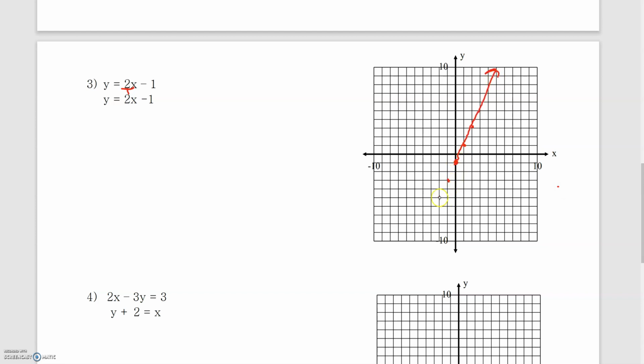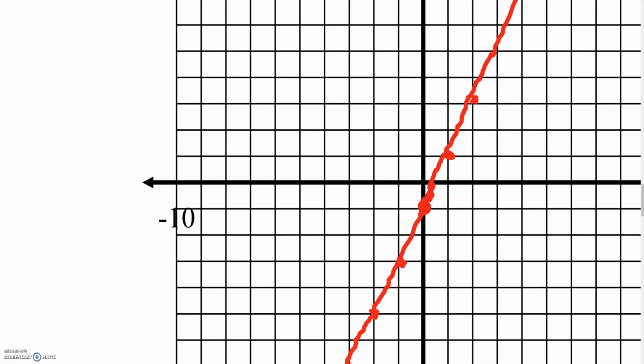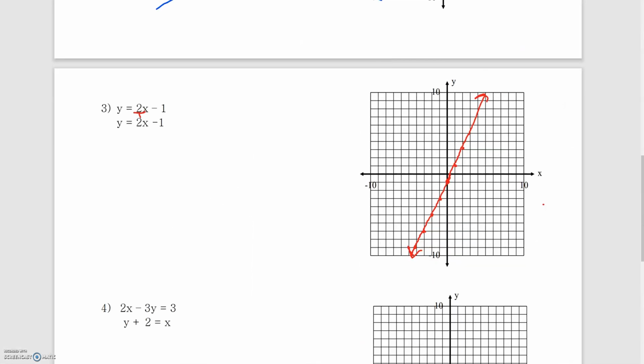So if you graphed this one, and sometimes it helps if you are doing this on your screen and doing the writing, if you zoom in using your fingers to pinch and then zoom in, it's much easier to draw a straighter line and get things graphed much easier.